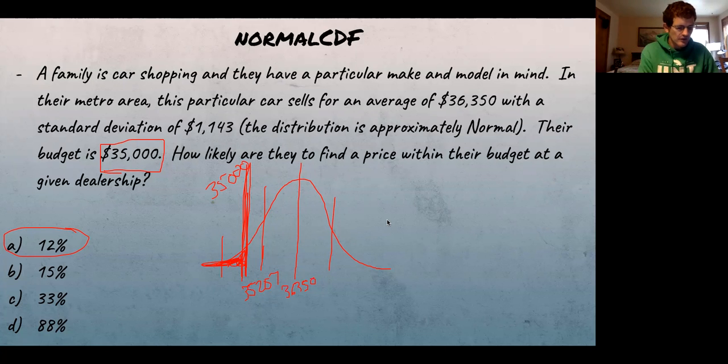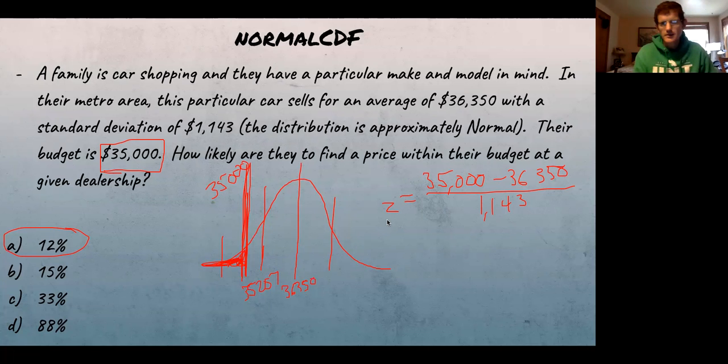Okay, so I won't necessarily go through all of this, but 35,000 is the data of interest minus 36,350. And as long as you're getting to this point, just keep in mind that this z-score, I think I remember it's something like 1.18. Is that right? Someone can write it on the screen.